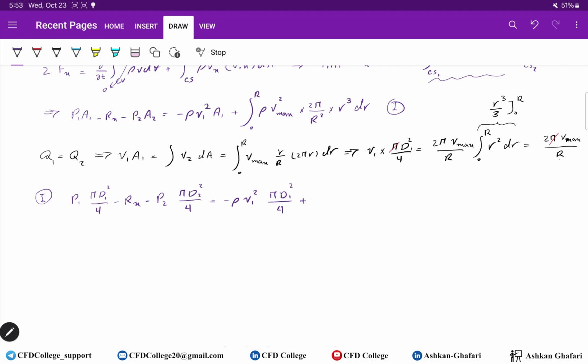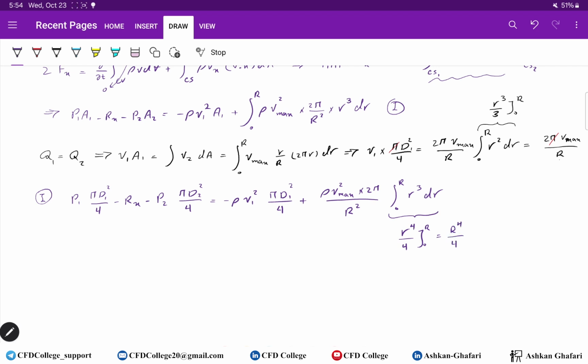You can bring out the constants, rho Vmax square times 2 pi divided by r square, integral of r to the power 3 from 0 to r dr. And this equals r to the power 4 over 4 from 0 to r, which equals r to the power 4 over 4.